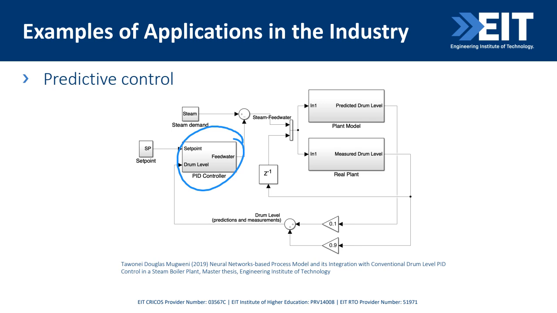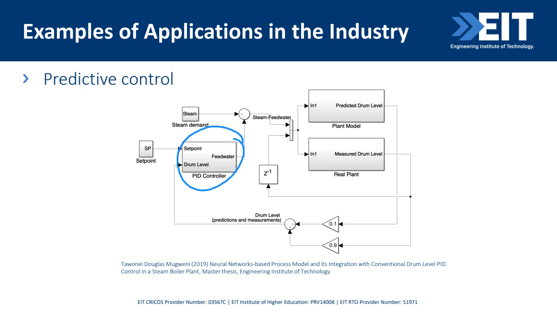To improve the control of the drum level, one can make predictions. What will be the level in the next 1 minute or 2 minutes or 3 minutes? It will be very useful because otherwise, if the control is not done correctly, the boiler will shut down. If it shuts down, it could be very costly.